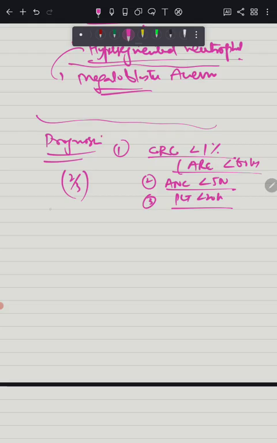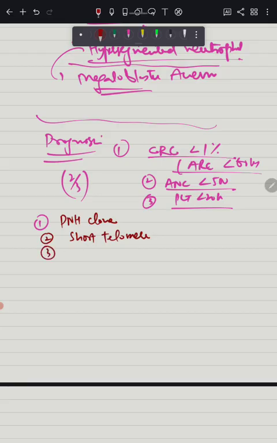Other poor prognostic factors: one is the PNH clone. This indicates stem cell fragility. Second, if the patient has short telomeres. This is seen in inherited marrow failure syndromes, for example dyskeratosis congenita.